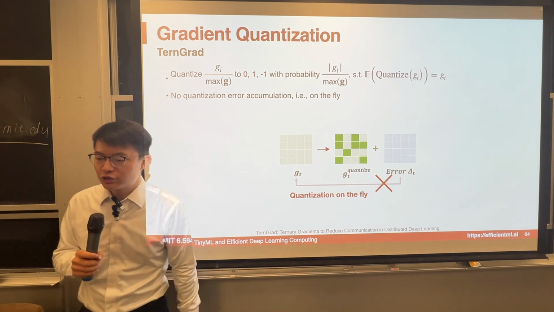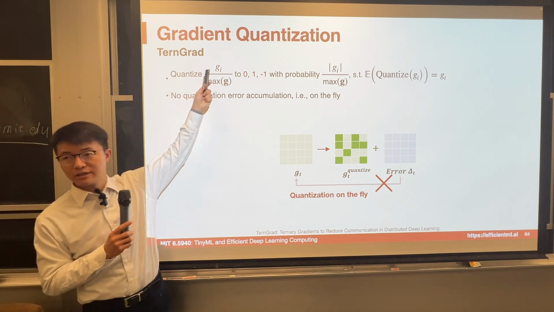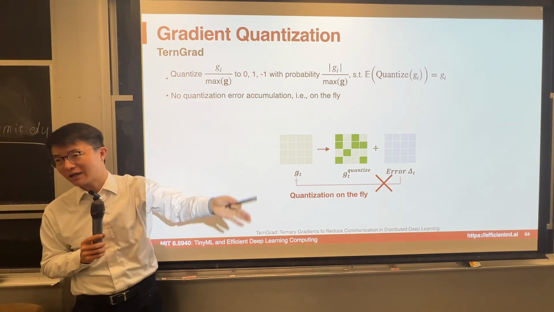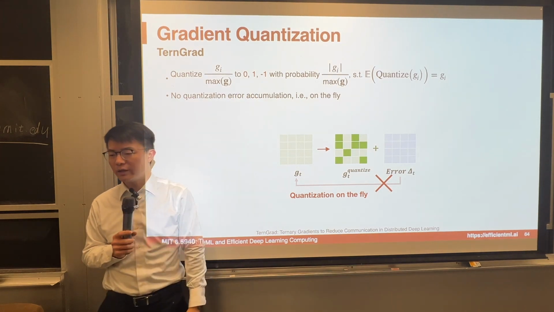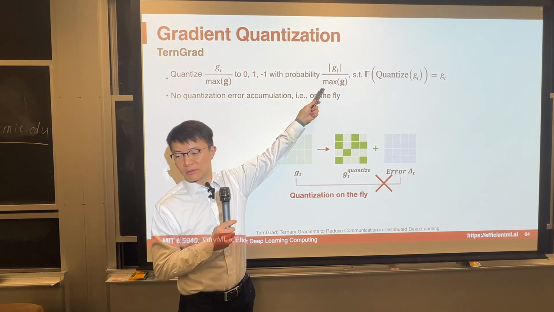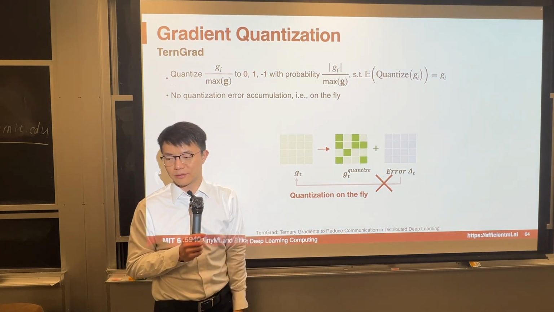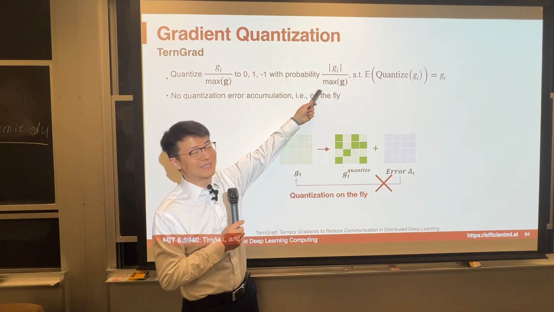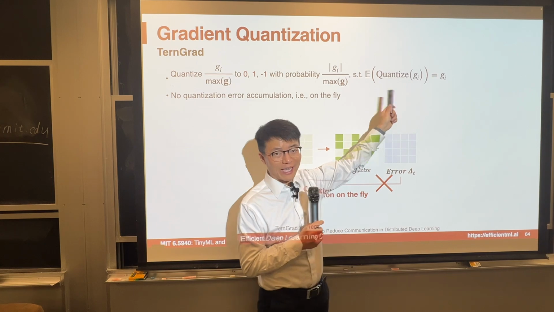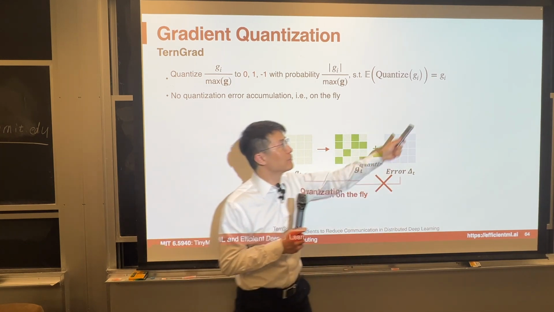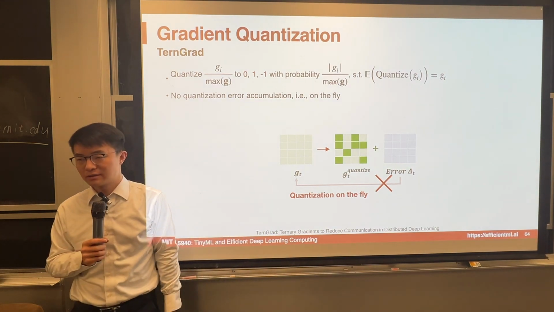And there's also an approach called TernGrad. The key idea is that we can quantize the gradient divided by the max of this gradient to 0, +1, and -1 with a probability. It's G divided by the max of this tensor. Why do we need that probability? Because we want to ensure the expectation of G is the same before and after the quantization process.